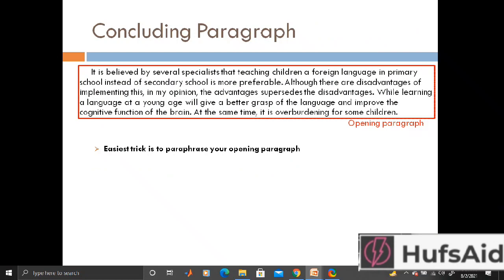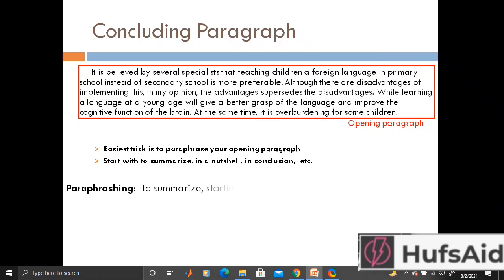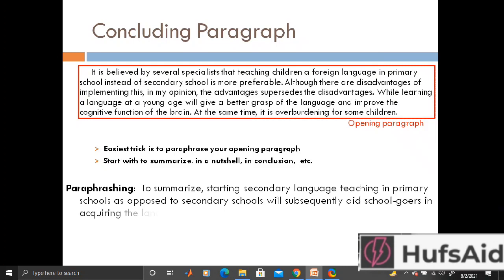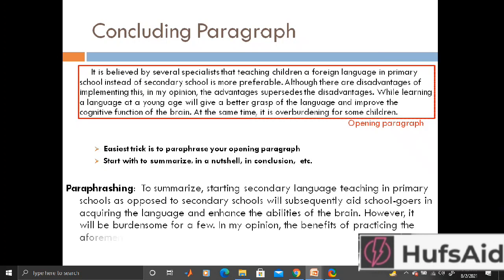And we start this concluding paragraph with linking words, mostly to summarize, in a nutshell, in conclusion, etc. So paraphrasing the opening paragraph, I have written: to summarize, starting secondary language teaching in primary schools as opposed to secondary schools will subsequently aid schoolgoers in acquiring the language and enhance the abilities of the brain. However, it will be burdensome for a few. In my opinion, the benefits of practicing the aforementioned are far more substantial and superior to the drawbacks.